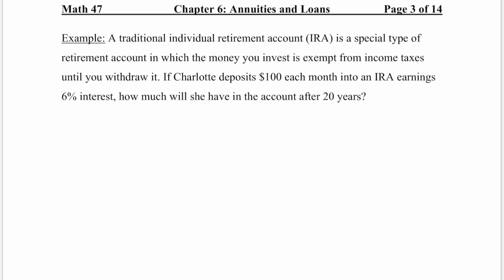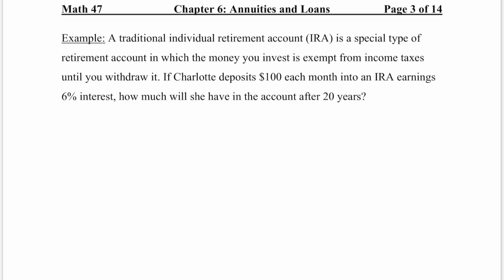Example: a traditional individual retirement account, IRA, is a special type of retirement account in which the money you invest is exempt from income taxes until you withdraw it. If Charlotte deposits $100 each month into an IRA, earning 6% interest, how much will she have in the account after 20 years?